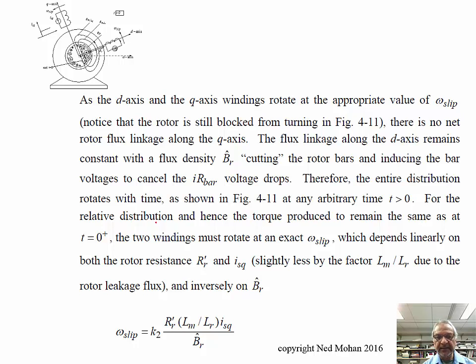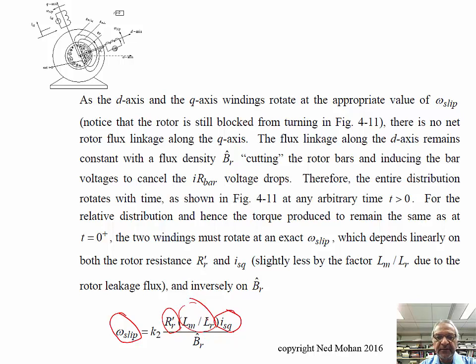The bottom line is that this slip speed, and we'll derive a very concrete expression for this, is proportional to this ISQ, which is indicative of how much torque you wish to produce, and this factor shows up because of leakage, and then depends upon how much resistance you have in these rotor bars, which is represented by this equivalent R sub R prime.